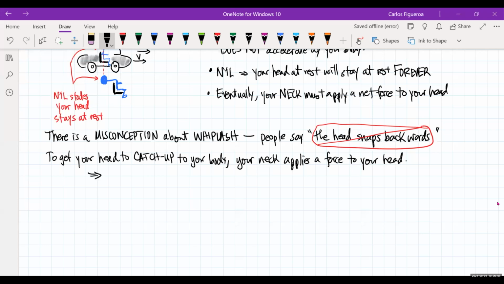And in this process, your neck experiences strain called whiplash.